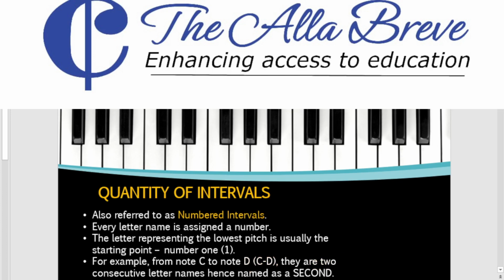We start with quantity of intervals. When we talk about quantity of intervals, we also talk about numbered intervals. So you can either find it written as numbered intervals or quantity of intervals.